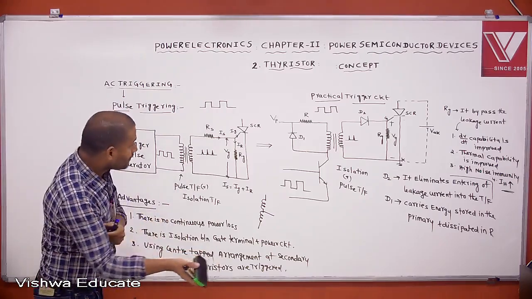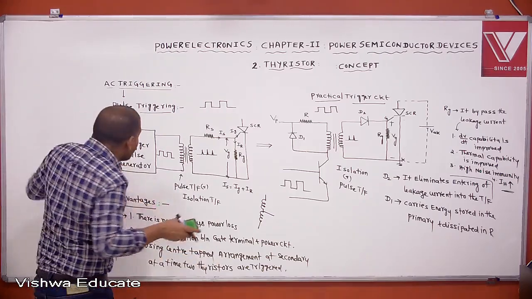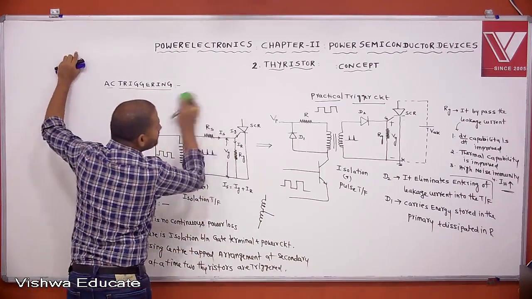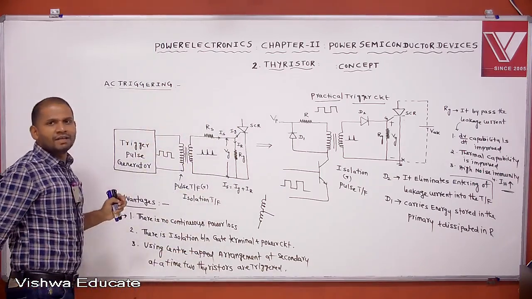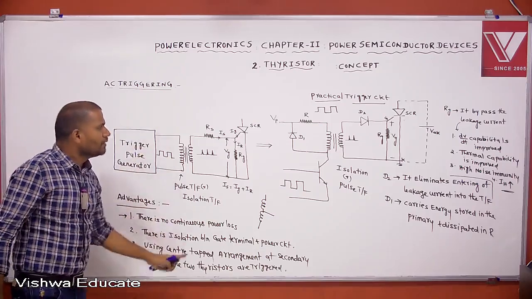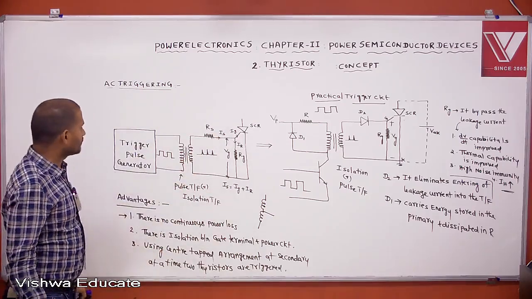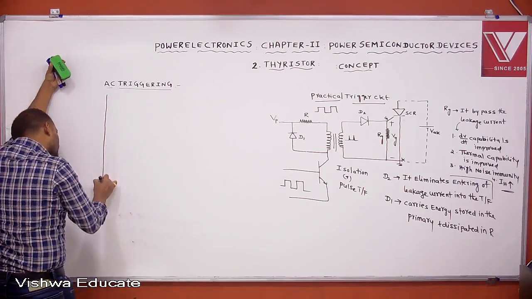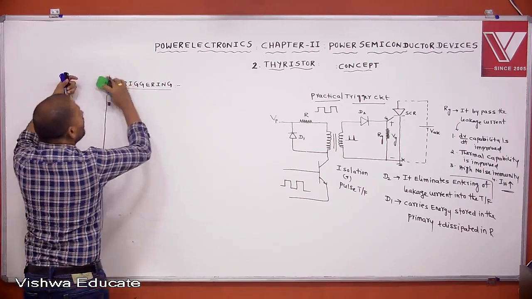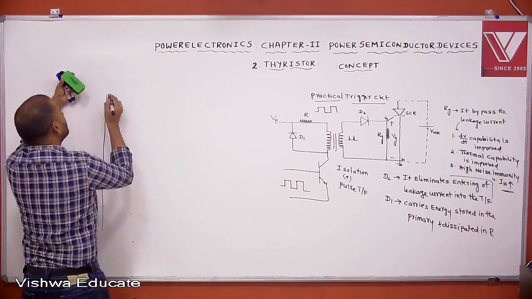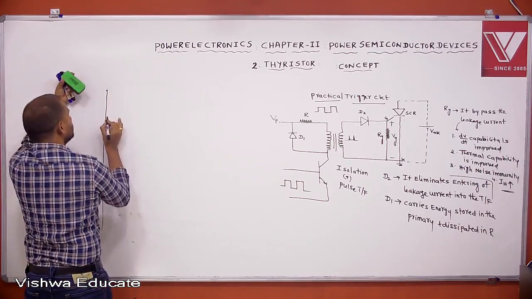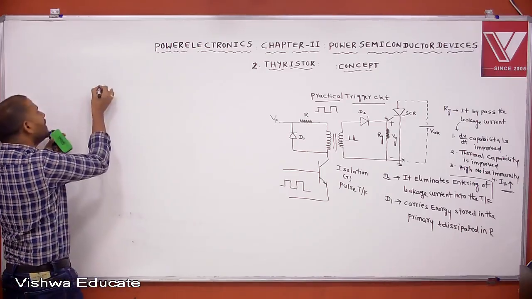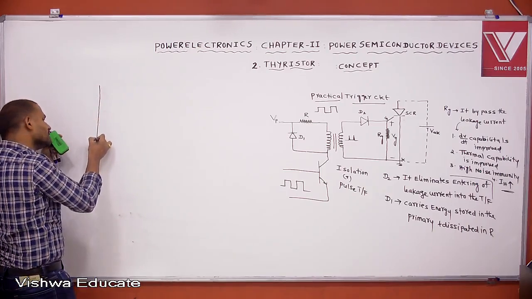That means in AC triggering, that is in pulse triggering, we are applying pulses. Is this clear? Whatever pulses we are applying in a pulse triggering method may be high frequency pulses or low frequency pulses.